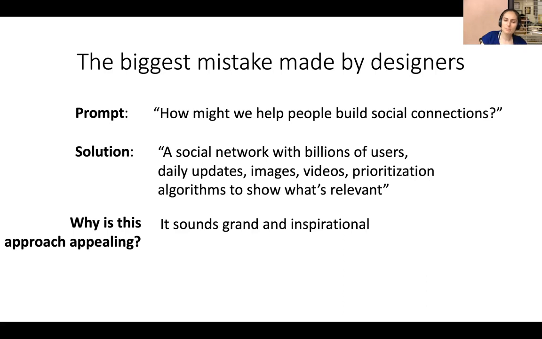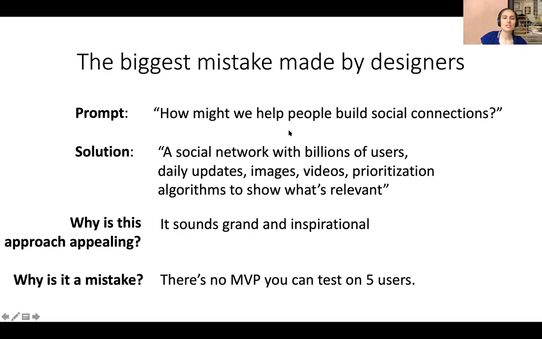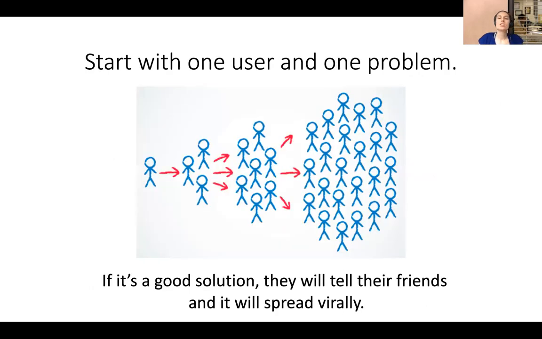This is the trap people get into when thinking about these big, broad solutions: there's no MVP that you can test on 5 users. Really think about one person's problem that works with 5 people. Think really small. That is the mistake people make, and I'm going to try to convince you that this is what you should do. You want to start with 1 user and 1 problem.